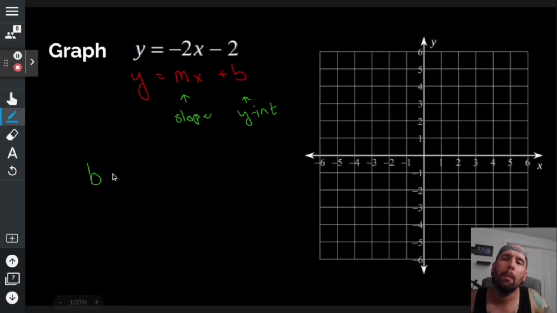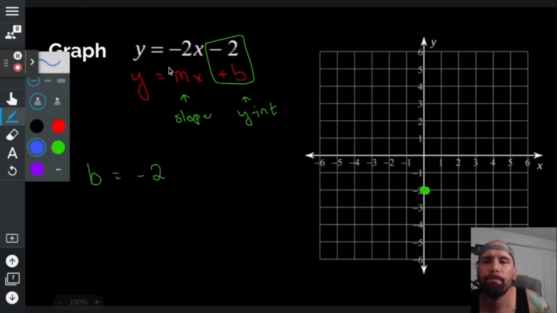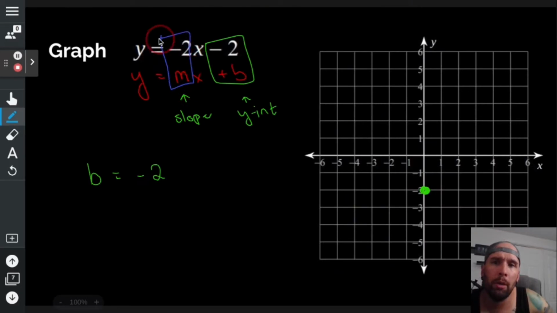So b, my y-intercept, is -2. What does that mean? It's a y-intercept. So I go to my y-axis and I put a dot at -2 on the y-axis. My slope is also -2, making this problem friendlier. But I'm going to write my slope as a fraction because slope is rise over run. So instead of saying -2, I'm going to say -2/1.